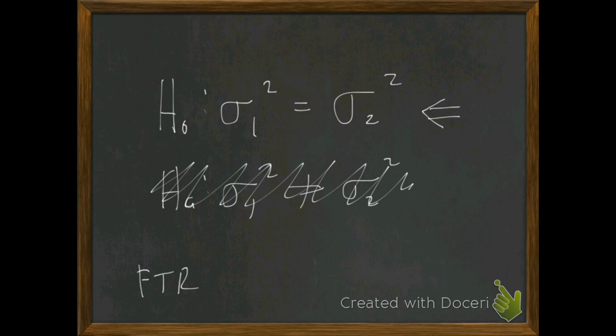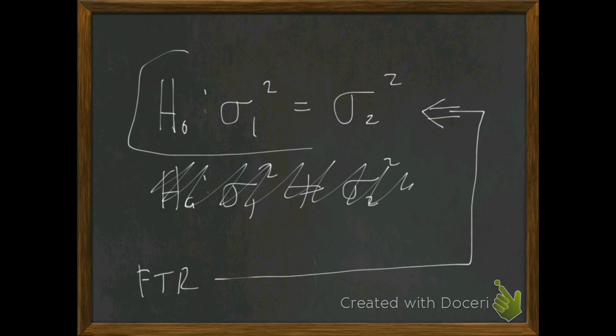It's not to make a strong statement of truth or not truth, accept, not accept, true, false, all those strong words. That's not the intent. The intent is, is there enough evidence to reject the null? And if we fail to reject, there's not enough evidence to reject this. Doesn't mean it's true. Doesn't mean it's false. It just means we can't reject this.